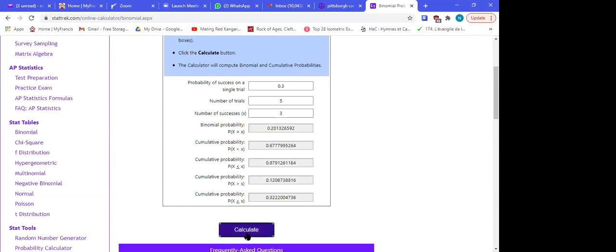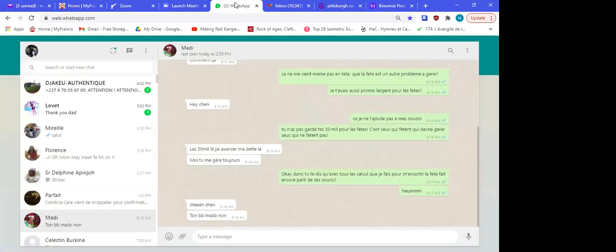So calculate with x equals 3. What we have as question here is x greater than or equal to 3. So we will get 0.163. That's how we can use the binomial distribution table.